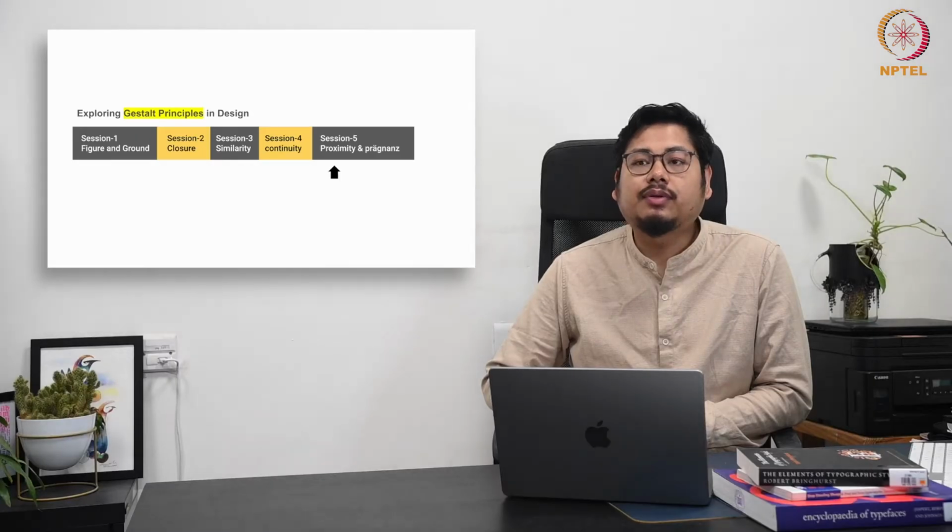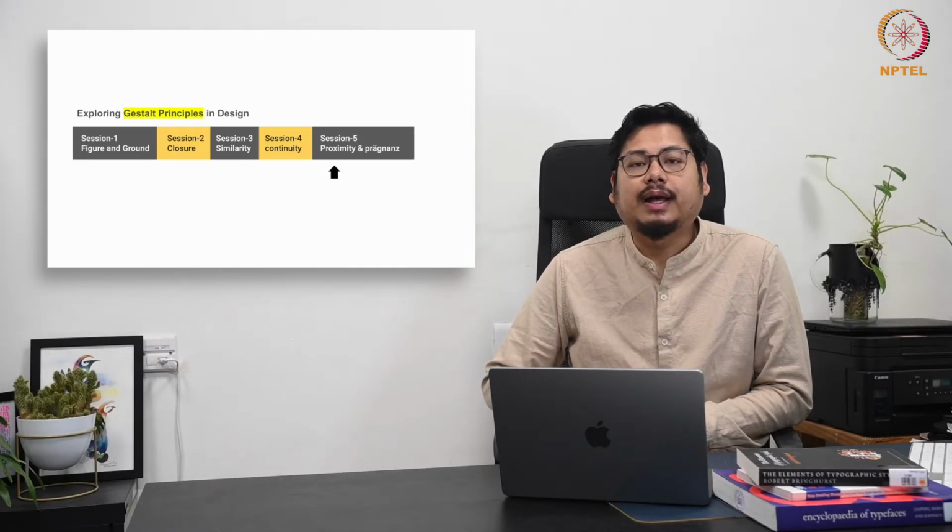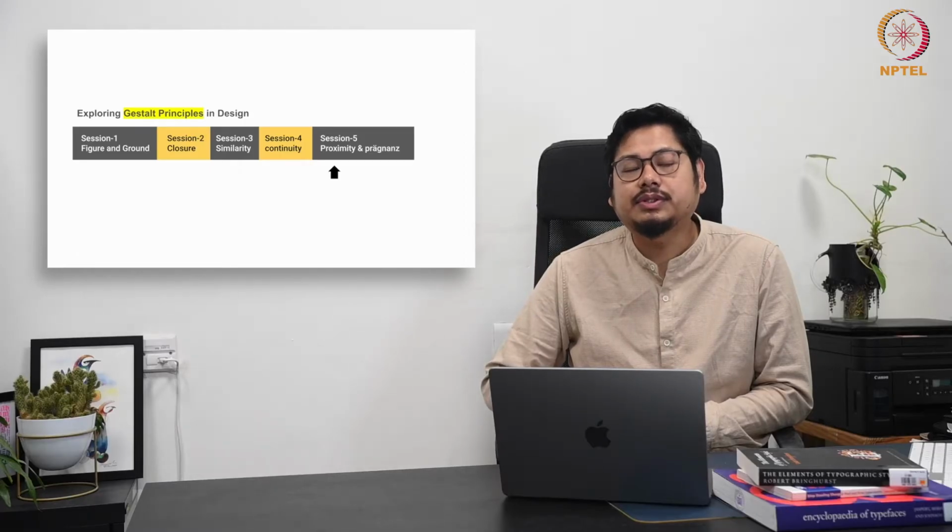We also looked into multiple case studies of how continuity can be implemented and has been implemented in visual compositions, including print publication, product design, branding, marketing, and logo design. So those all show how the idea of continuity can impact the overall composition.